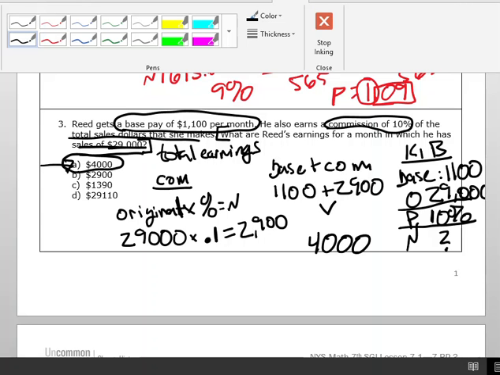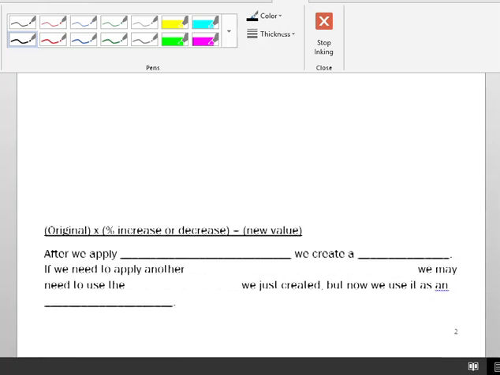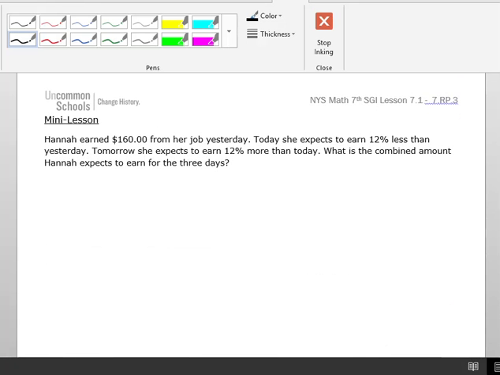And let's get ready to flip over to our mini lesson, which is in the same sort of vein as what we've been doing on the do now. These are percent problems that have multiple steps. So when I'm doing a percent problem where I have more than one step, where I need to find more than 1%, or there's some base pay that I need to add in, the organization of my work is critically important.